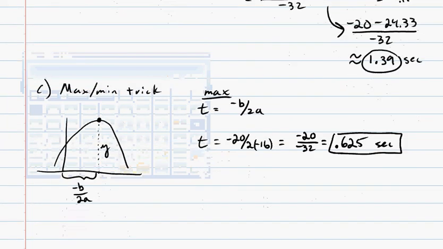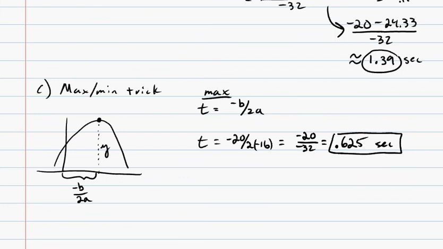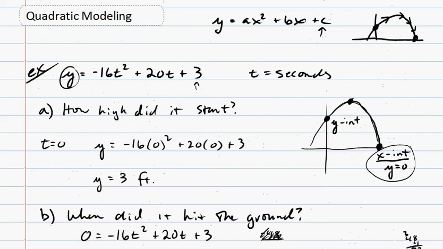Now that tells us how many seconds until we reach our maximum, but it's not actually telling our maximum. So what we have to do then is go back and plug it in the original equation.